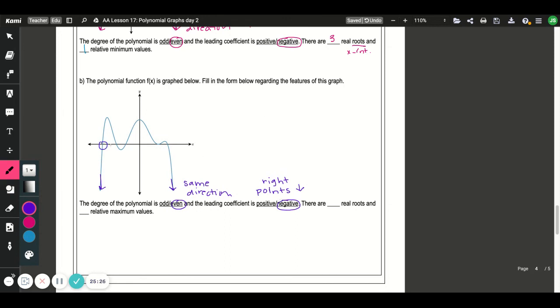I see 1, 2, 3, 4, 5 roots. And how many maximums? Maximums come at the top of peaks or hills. So there's one maximum. There's another one. And that little tiny one is a third one. So there are 3 relative maximums.